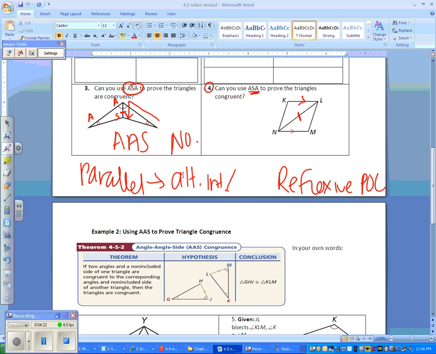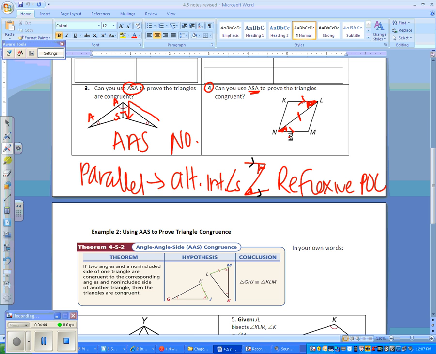And remember, alternate interior angles are like the Z. So they look like this. Once you see parallel lines, and those angles have to be touching the parallel lines, since these lines are parallel, that means that this angle is going to be congruent to this angle.